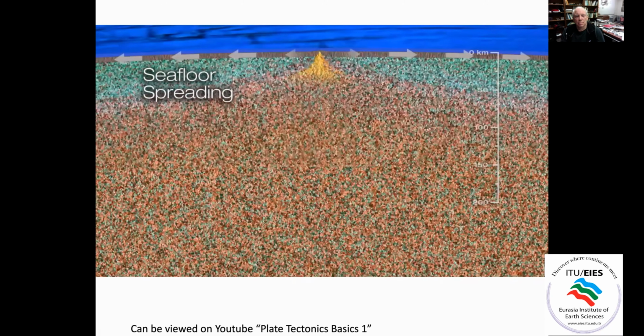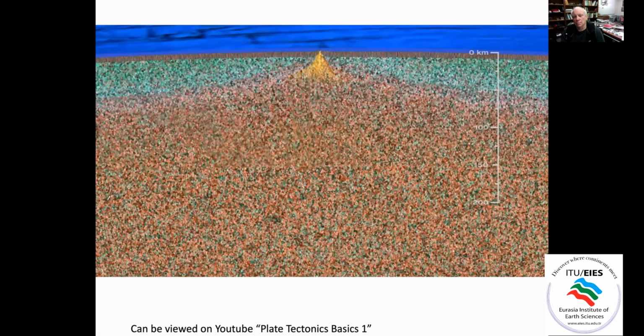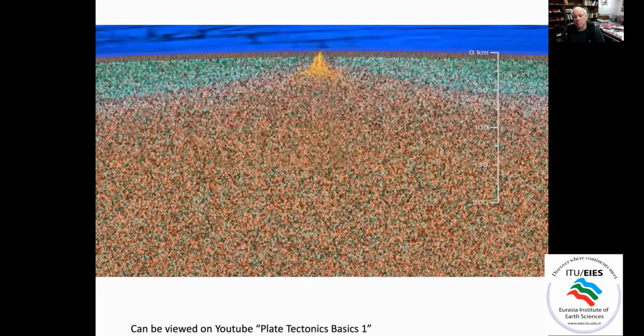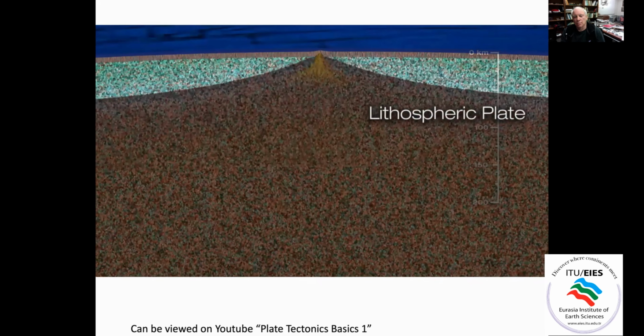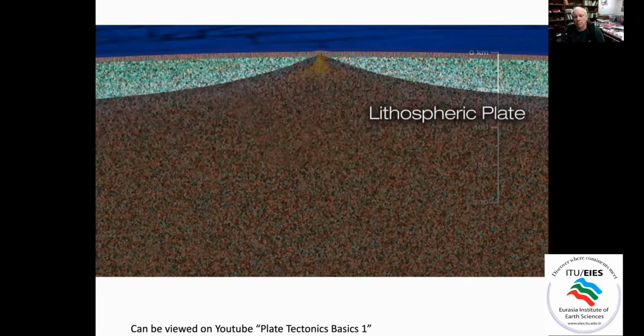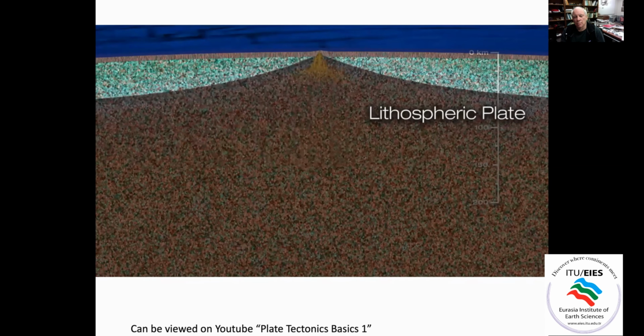At the same time, under this new crust, asthenospheric mantle cools and is added to the base of the thickening lithospheric plate. The new plate slides slowly away from the ridge, and the top of the plate, which is basaltic seafloor, collects sediments that slowly sink in the ocean.